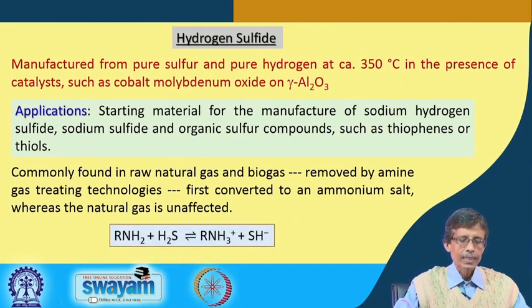So, the basic reaction we will be looking for is this: you have an organic amine molecule, which is nothing but RNH2. It can be ammonia also when R is equal to H. It is treated with H2S, any contamination or other source, giving you the corresponding RNH3SH salt.